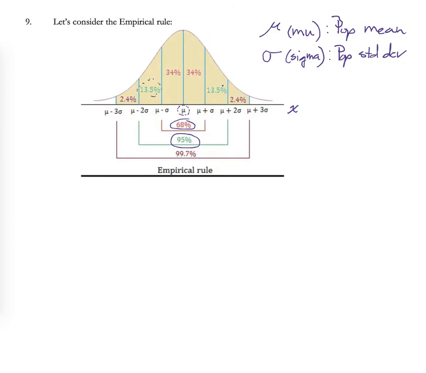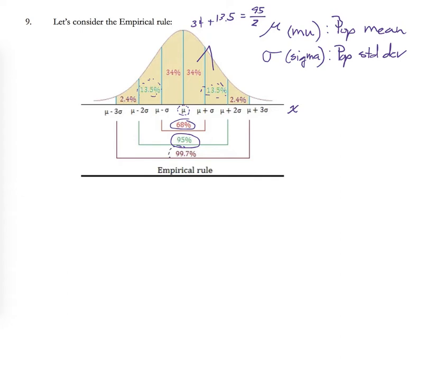And that's where these 13.5s come from. So if we took the 34 plus the 13.5, we would end up with 47.5, which is 95% of our data divided in 2 because it's just on one side.